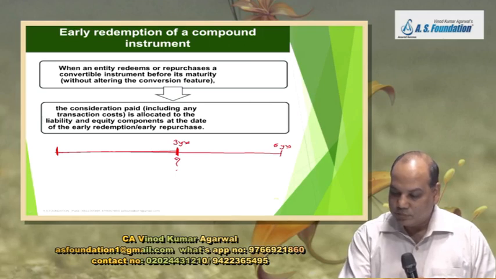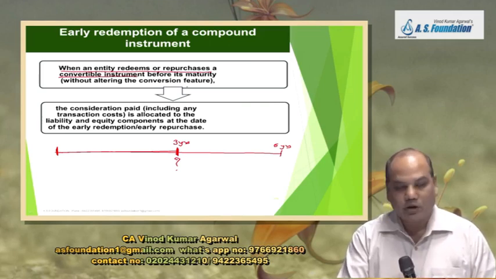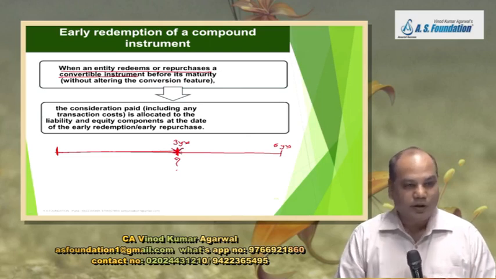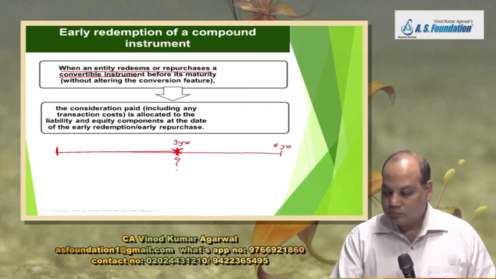That is my question. When an entity redeems or repurchases a convertible instrument before its maturity, without altering the conversion feature, the two parties agree that we will redeem. The consideration paid, including any transaction cost, is allocated to the liability and equity component at the date of early redemption or early purchase.